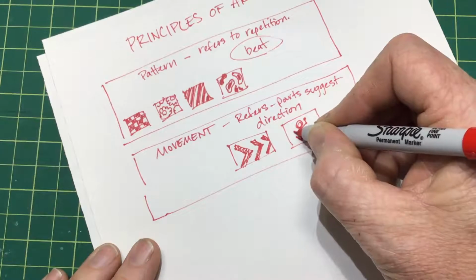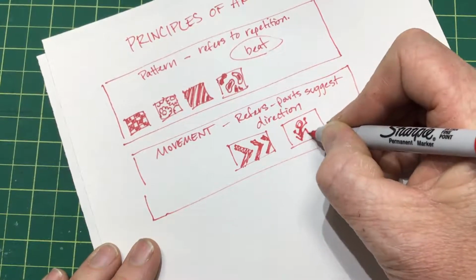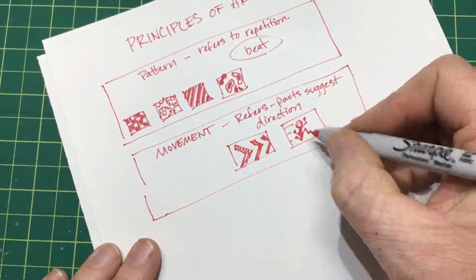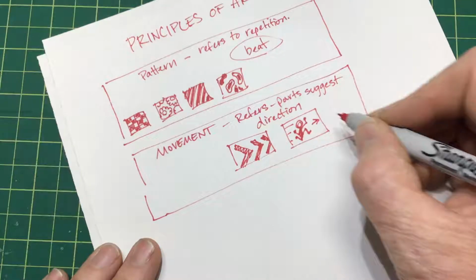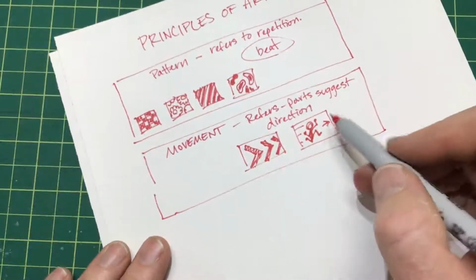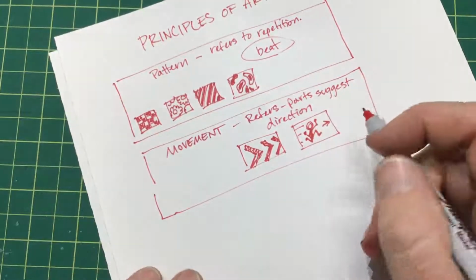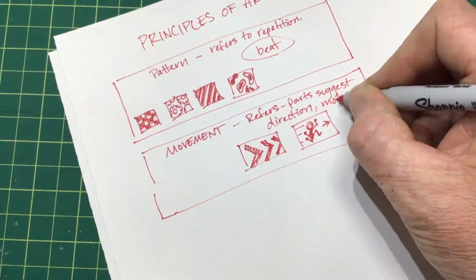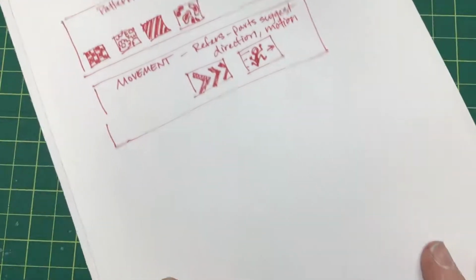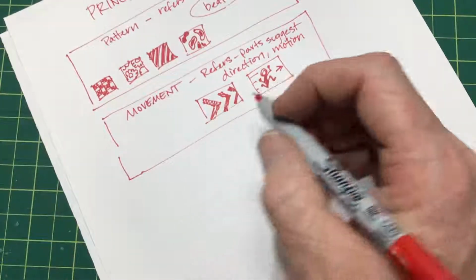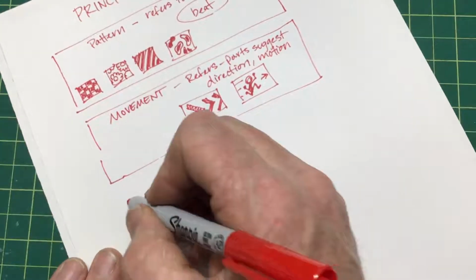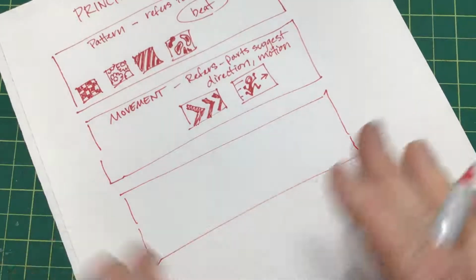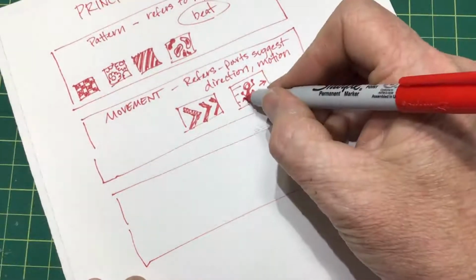I'm not a stick figure fan, but you tell me which way this guy is running. And sometimes we have motion signs, and he's going this way to the right. So this is how movement works in two-dimensional ways, is that it suggests motion, direction or motion. I'm going to write motion here. All right. So that is a big deal when we're dealing with art and you're trying to show movement. You could use that for one of your principles of art to show the direction something's happening in a picture.